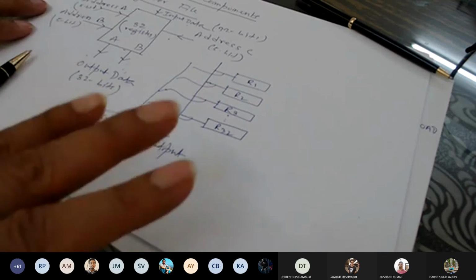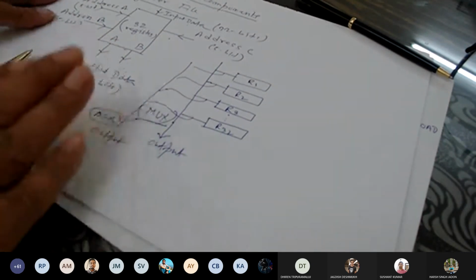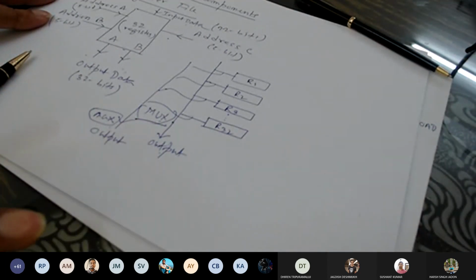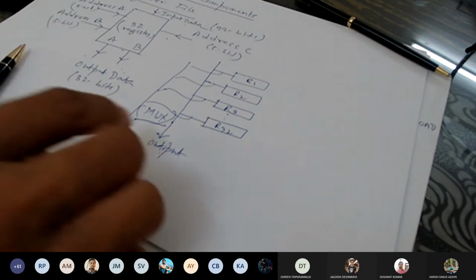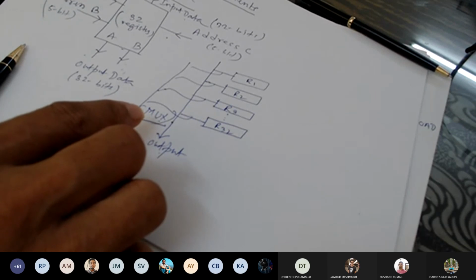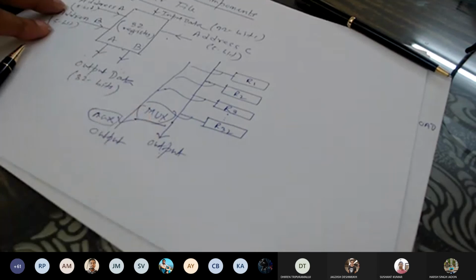While you design, this is what you are going to do in the lab this week. Designing a complete register file so that we give two addresses and it produces two outputs parallelly on the two output lines. Design can be done in many ways, whether you use double multiplexer or some other mechanism, that is fine.